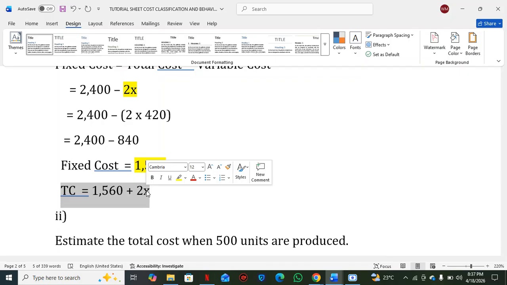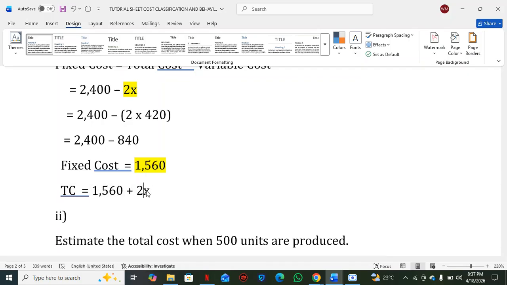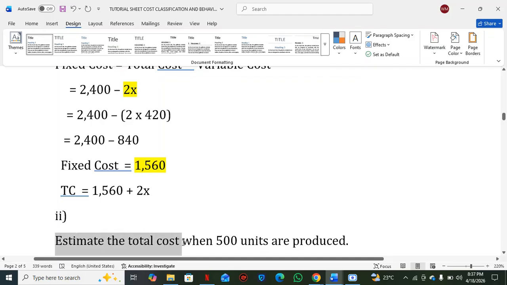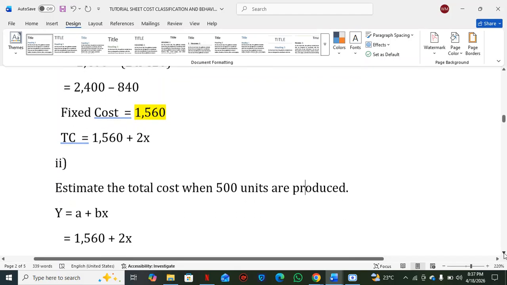All right, wonderful. Now, as I said earlier, this cost function can help you predict or forecast costs. For example, part 2 of the question says, estimate the total cost when 500 units are produced. So we can estimate the cost that we're going to incur when 500 units are produced.